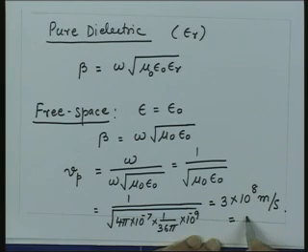So what we can do is substitute from this one into this. 1 upon square root mu 0 epsilon 0 is the velocity of light in vacuum, and normally this is denoted by the parameter small c.